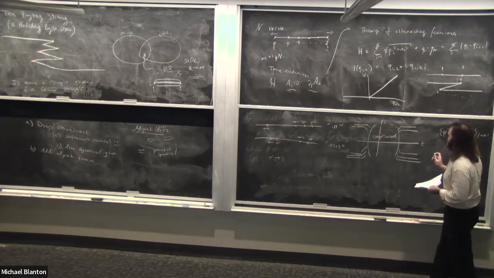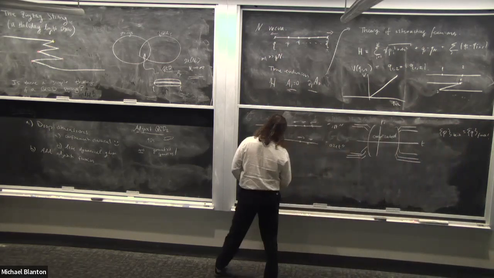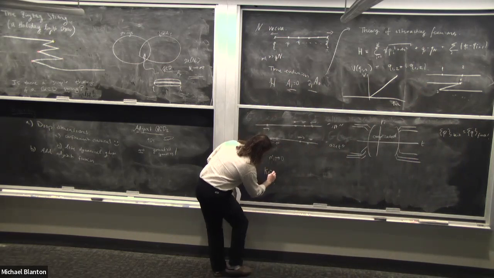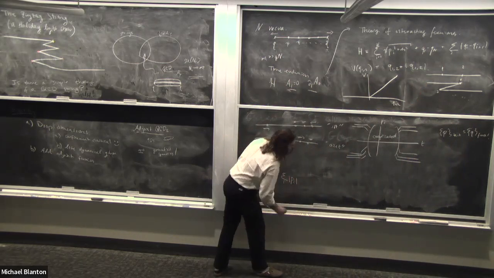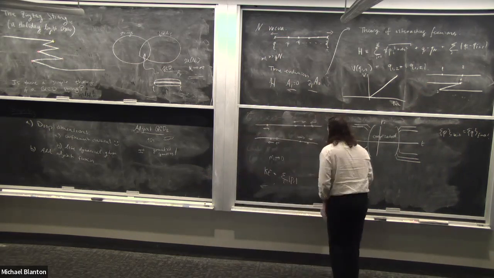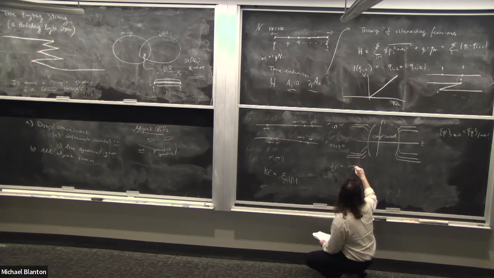Something else interesting happens looking at this Hamiltonian when you send the mass to 0. The kinetic energy, of course, just becomes the sum of absolute values of the momenta. And so you find the equations of motion almost look symmetric.